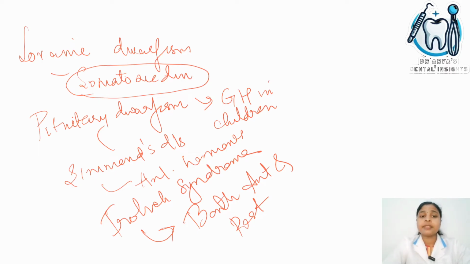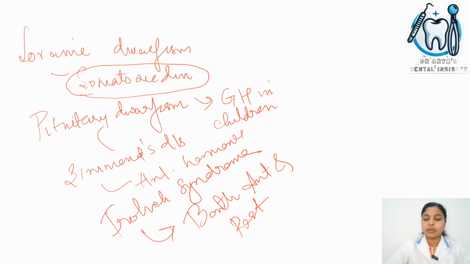Lorraine dwarfism is due to the deficiency of somatomedin. Pituitary dwarfism is due to the deficiency of growth hormone in children. Simon's disease is due to the deficiency of all anterior pituitary hormones, and Froelich syndrome is due to the hyposecretion of both anterior and posterior pituitary hormones.